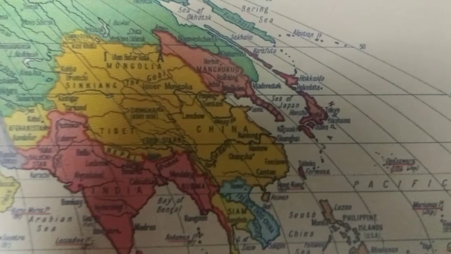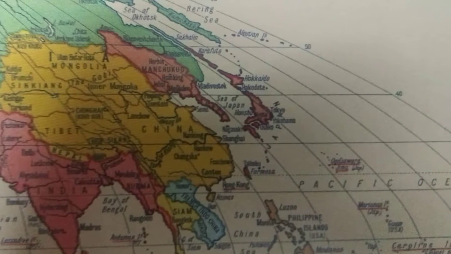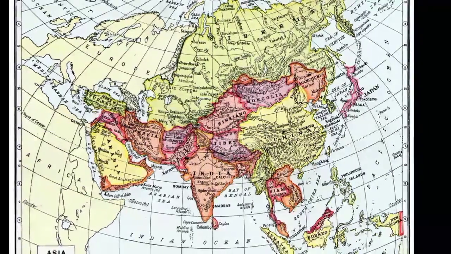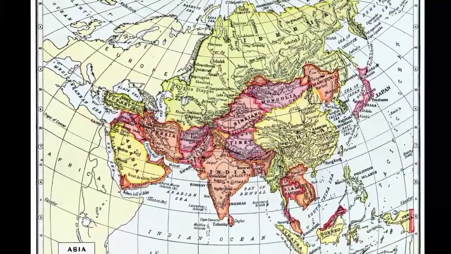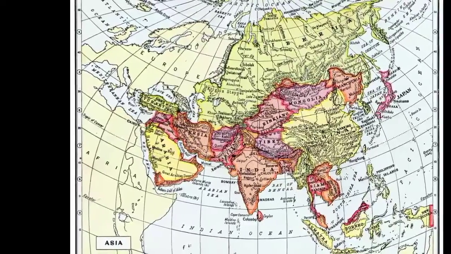In 1936, we see some of China's territory has been annexed by Japan. In the 1950 map, we see China, but with Tibet as an official country. But from 1961, you see that China has fully occupied Tibet.